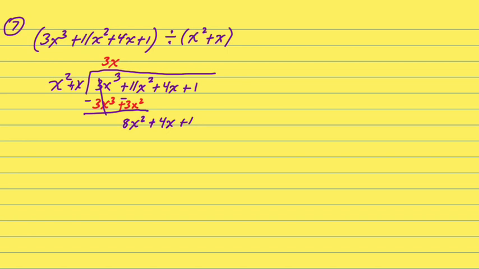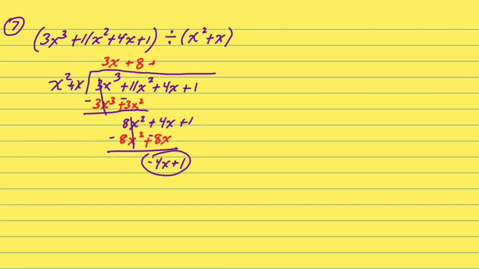X squared times what is 8x squared? Positive 8. 8 times x squared is 8x squared. 8 times x is 8x. Change your signs and add. This would be a negative 4x plus 1. Because this power is less than this power, I've made it to my remainder.